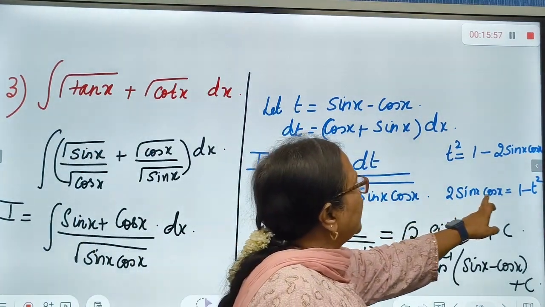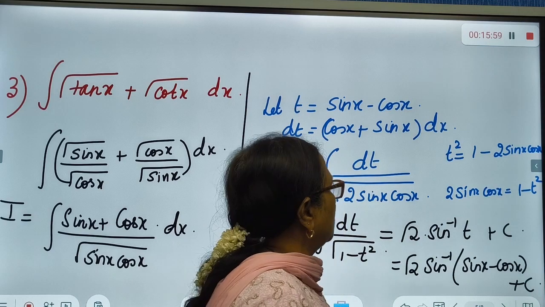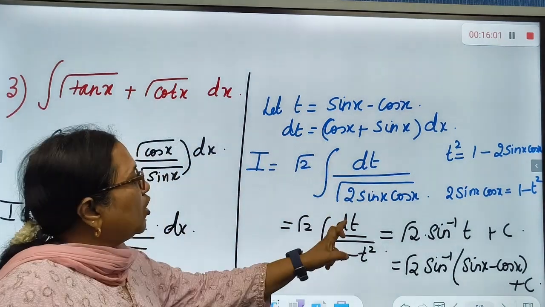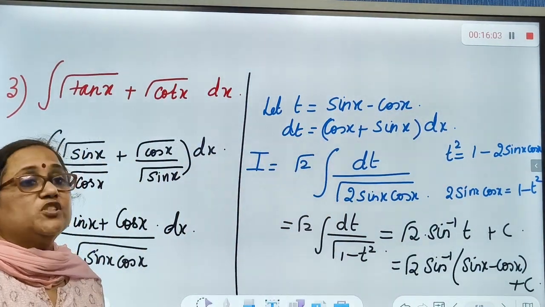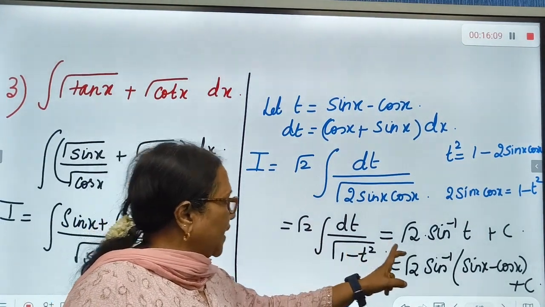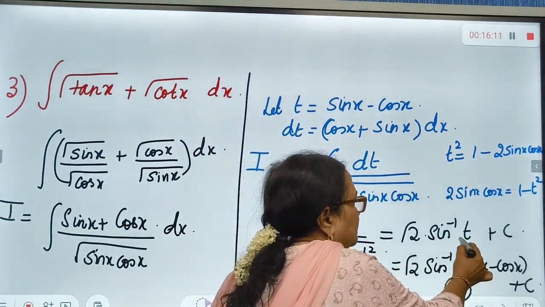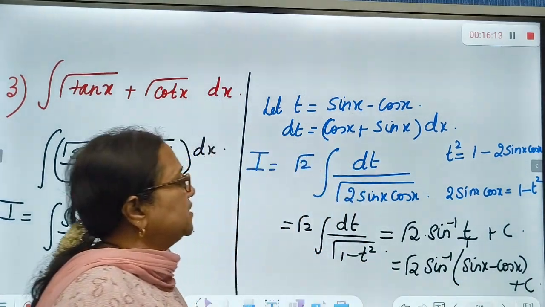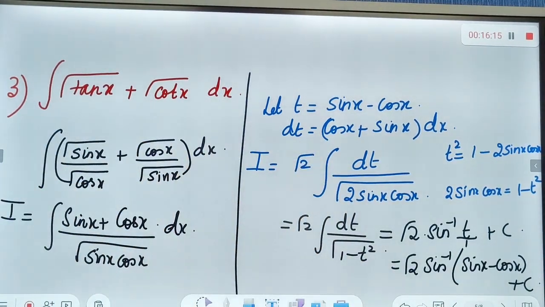Then you can write 2 sin x cos x as 1 minus t square. So this is reduced to root of 1 minus t square, which is dx by root of a square minus x square, which is sin inverse x by a. So root 2 into sin inverse t by 1 plus c. Then substitute back for t as sin x minus cos x.